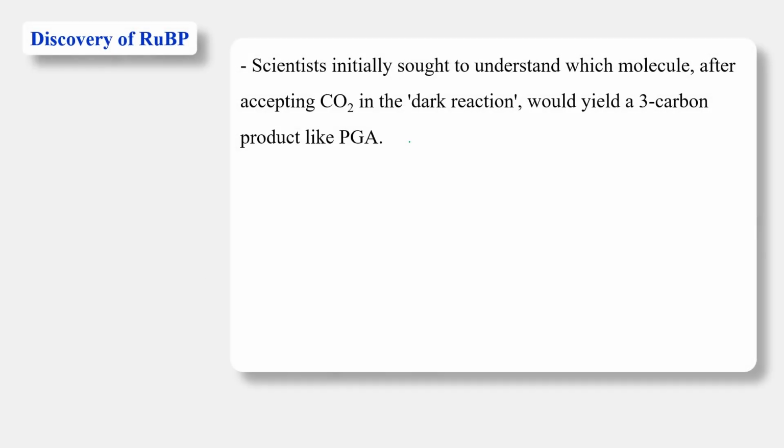So now let's discuss the discovery of ribulose bisphosphate. Scientists initially sought to understand which molecule, after accepting carbon dioxide in the dark reaction, would yield a 3-carbon product like PGA.